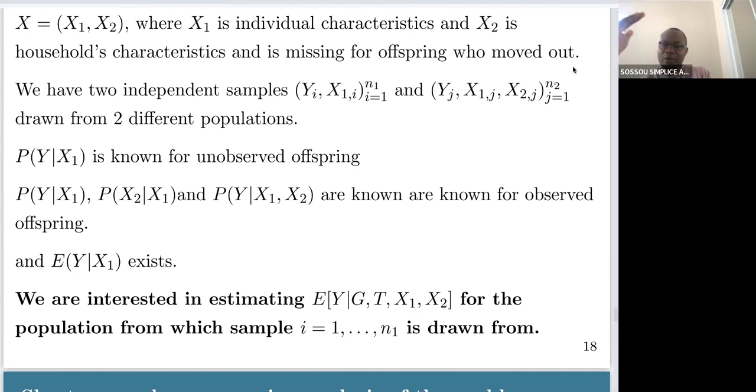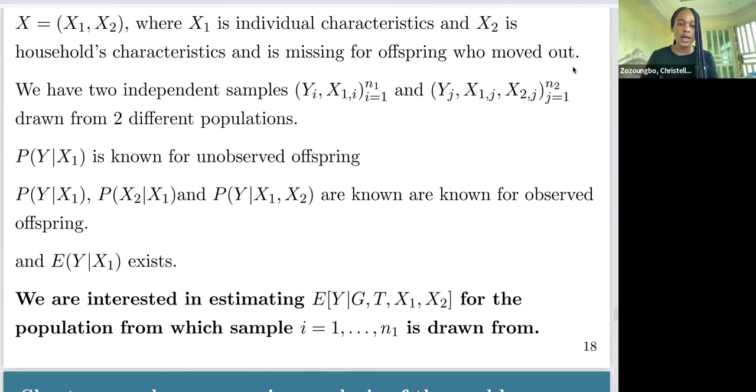What I understood from your first slide is that those who moved out are different from those who are inside, not the same, even at the aggregate level. Yeah, at aggregate level, they are different. But at individual level, I can't say that if I take one particular individual who is in a household and one that is outside, then I should have this kind of relation, that this one should be more educated.